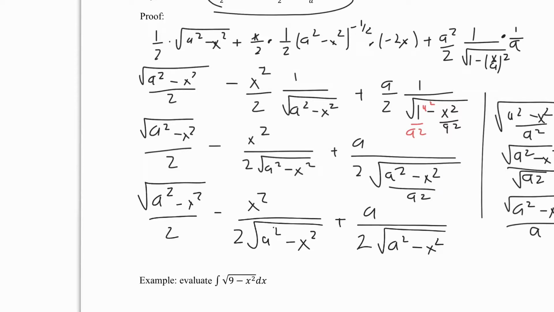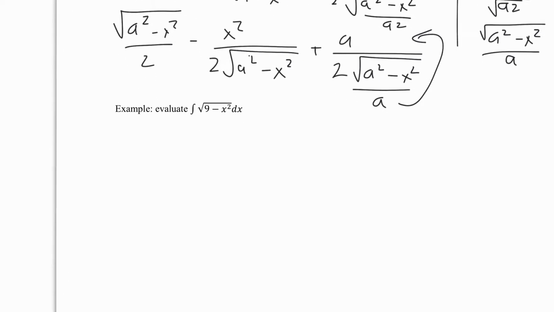And then we have over a. Well, that a is going to flip up to the top because when you're dividing, we flip it and multiply. So this a is going to actually flip up to the top here. Now, we're going to run out of space, so I'm going to make a little bit more room for us here on the page. So we're going to get the following.